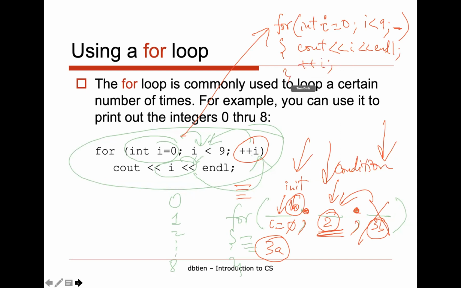This is still okay. Remember, you can leave this one empty. You can leave nothing here because you keep the plus plus i inside the for loop. That's okay.